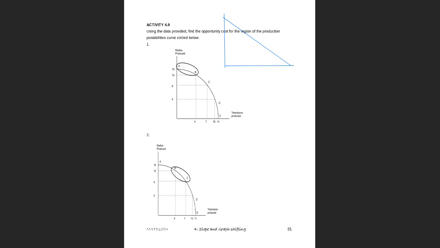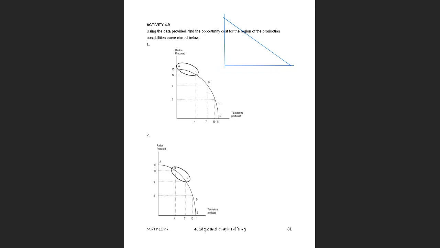But when it's a curve, your math teacher will ask you to find the average gradient, because the gradient always changes as you move up the curve. So as you move up the curve, the opportunity cost always increases.